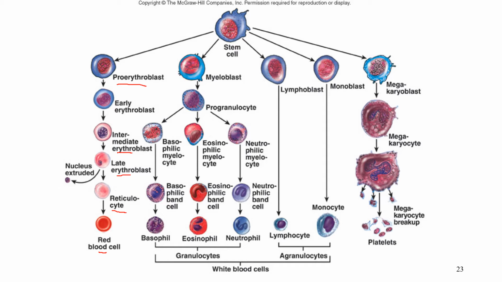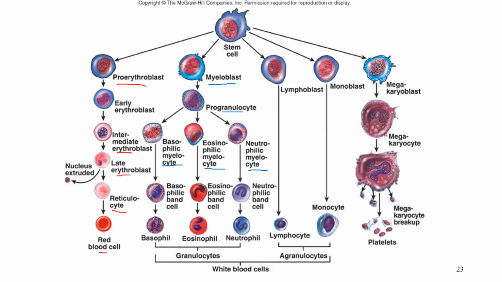Okay? So for the granulocytes or the white blood cells, it will start from your stem cell and then it will become a myeloblast and then it will develop into a progranulocyte. So from a progranulocyte, it can be a basophilic myelocyte, an eosinophilic myelocyte, or a neutrophilic myelocyte. So, kung mapapansin nyo dito guys, kapag basophilic, more likely blue yung kulay niya. Kapag eosinophilic, ito yung mga medyo mapupula yung color nila.